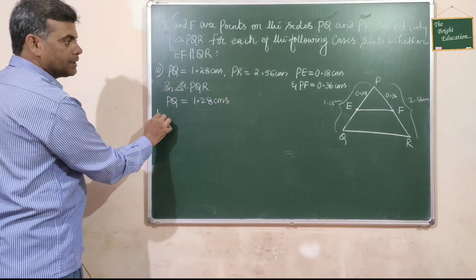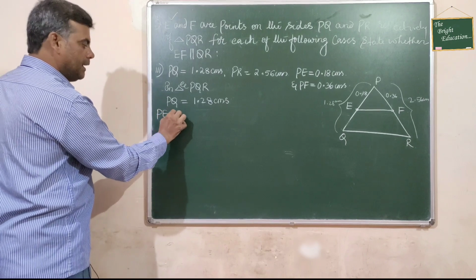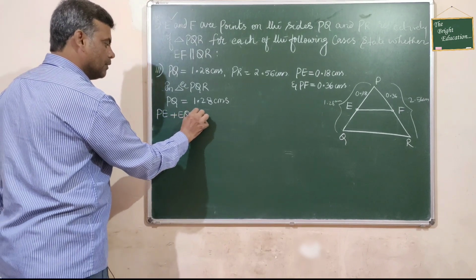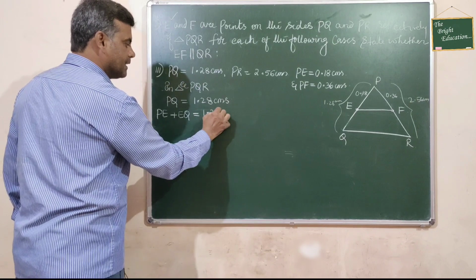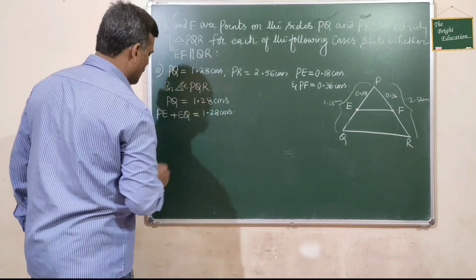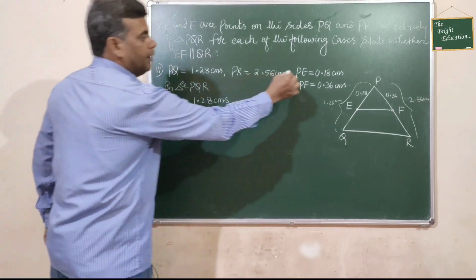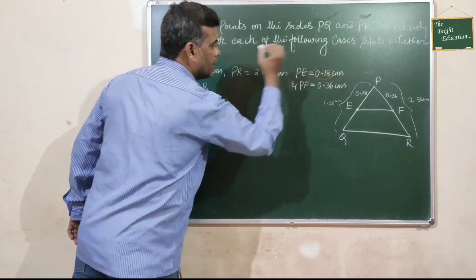PQ is nothing but PE plus EQ equals 1.28 centimeters. We know that PE is equal to 0.18.